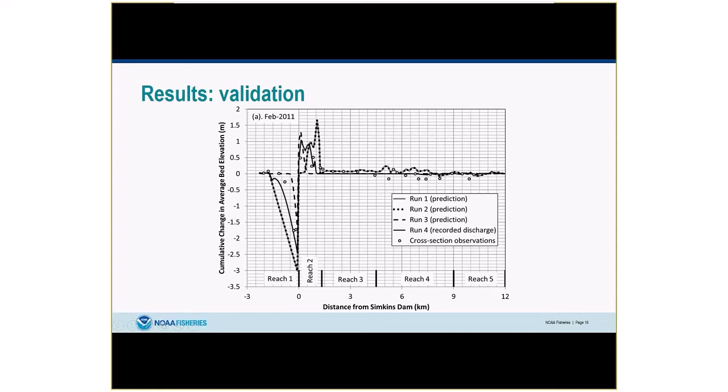So runs 1 and 2 show erosion of the Simkins impoundment happening too fast by February 2011, partly because they're wetter than actual discharge, run 4, up until that time in the project. But notice that even run 4 is too complete. Run 4 is the dark black line. So it's ahead of observations as well, even with actual discharge. So greater flow doesn't totally explain why the model does this.